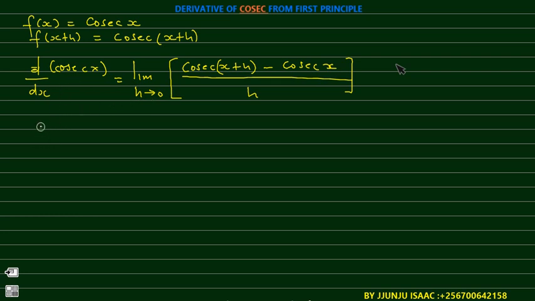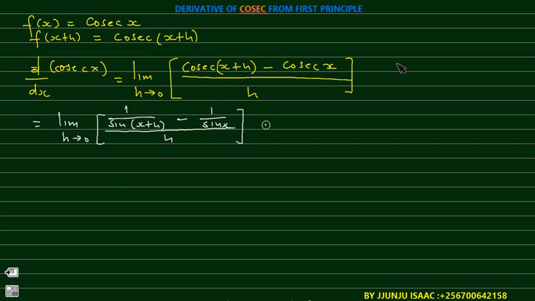So the derivative of cosec will therefore be the limit as h tends to 0, where we have cosec, I'm going to write 1 over sine of x plus h, then minus 1 over sine x, upon h. Just changing cosec to 1 over sine.